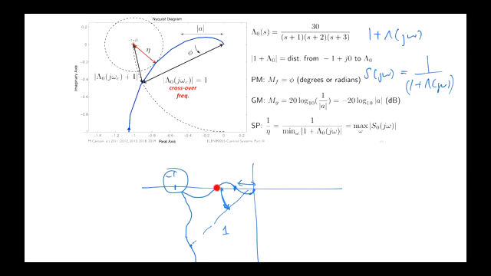Or even that point there, still have to scale it up a lot. But if it does this in between, then I can get a large peak in the sensitivity function. All right? So having large phase and gain margins is necessary for having small peaks in the sensitivity functions, but it's not sufficient, right? And the reason it's not sufficient is because this sort of stuff can happen. Okay, but clearly in order to be far away, you need the phase margin to be big and you need the gain margin to be big. All right?